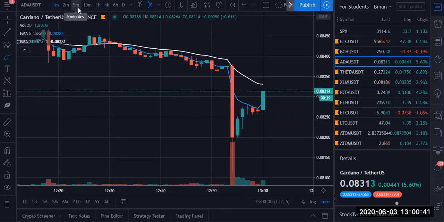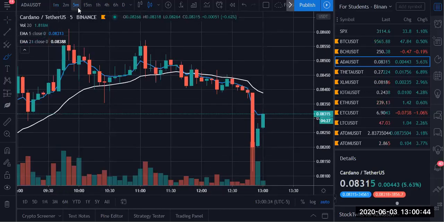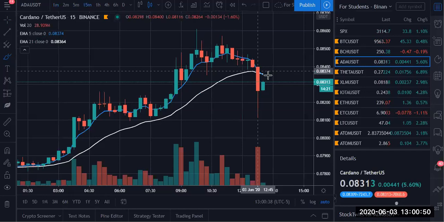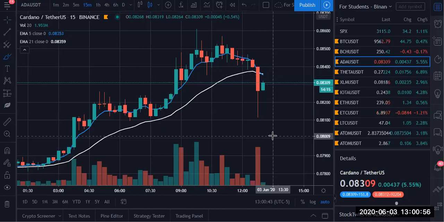Alrighty. So that's what we're looking at. That's what we're dealing with. On the 5 minute, it went back to it. Let's see where the 15 minute is. The 15 minute is right here. So 350. We're gonna see if it does go to that point.